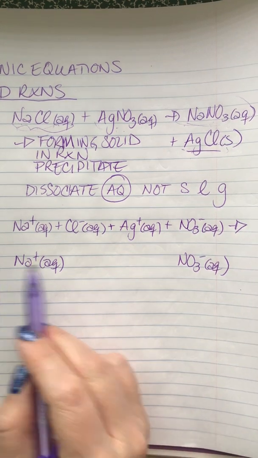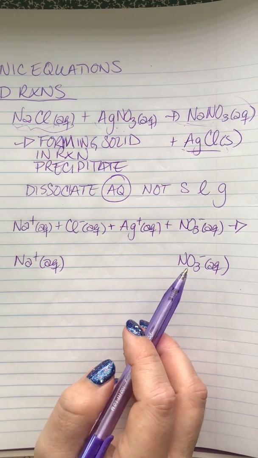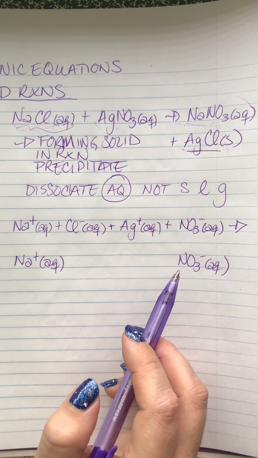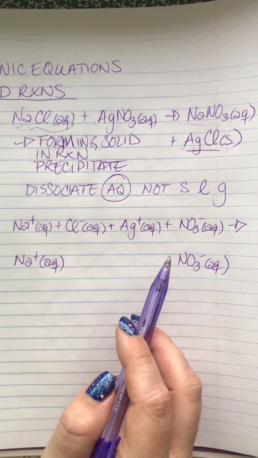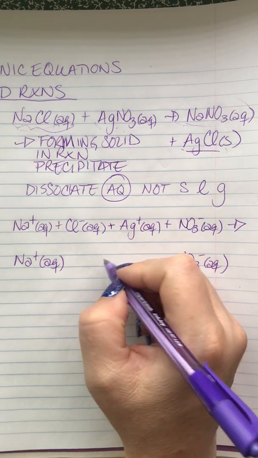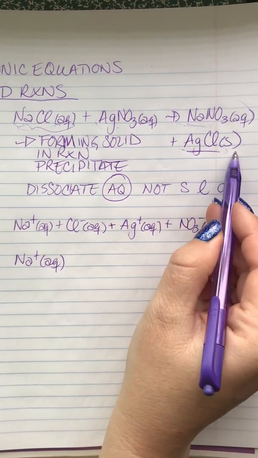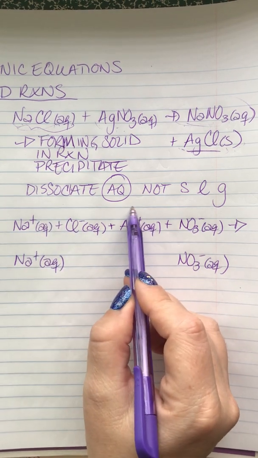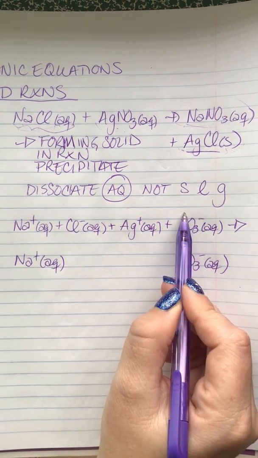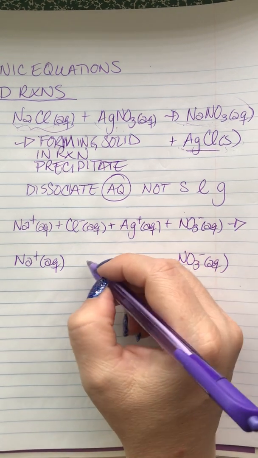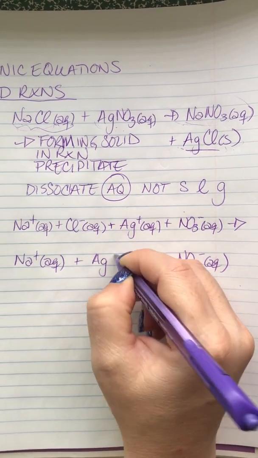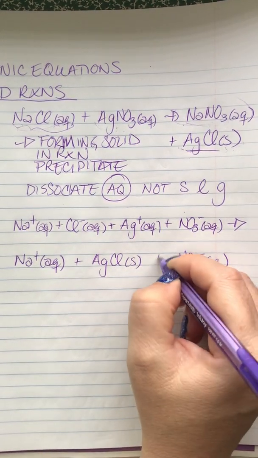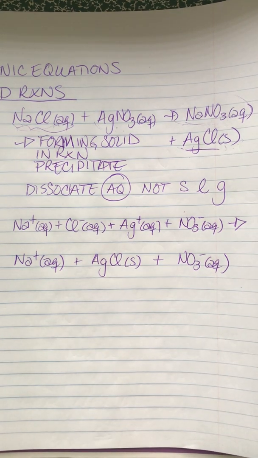Now, if you're wondering why I wrote them like this, it's because we're basically going to do a little bit of subtraction from the reactants to the products. But I have to write my solid that I formed, right? Which again, when we dissociate, only things that dissociate are aqueous, not solids, not liquids, and not gases. So we have silver chloride solid, right? Doesn't break down into ions.